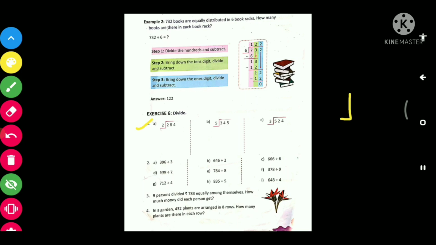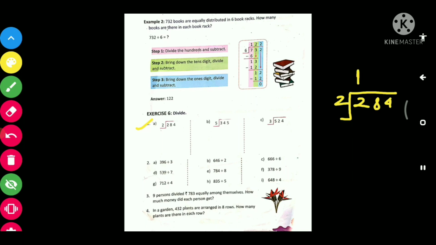Our dividend is 284, and our divisor is 2. Now we'll compare the divisor with the number in the 100 place. 2 is in the 100 place and 2 is the divisor, so both are equal. So we'll take only one number, that means we'll divide the 100 place value first, then the tens place value, and then the ones place value.